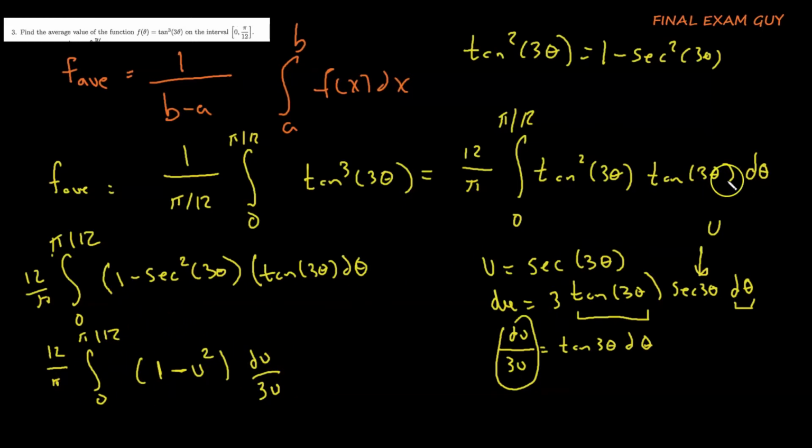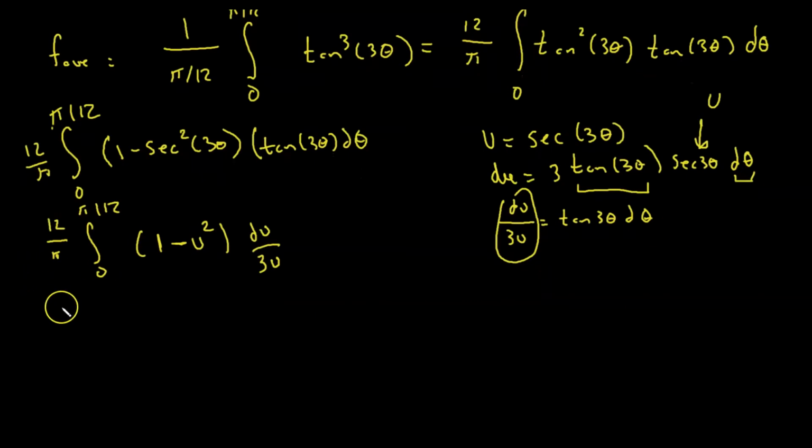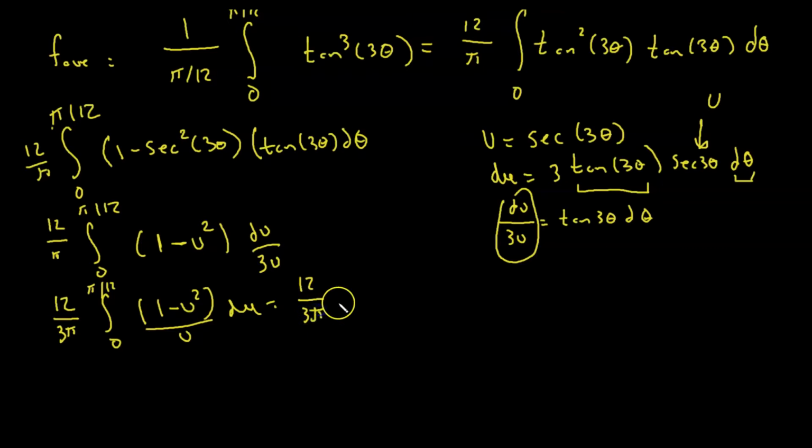Now if I bring this 3 out to the front to join 12 by pi, I get 12 by 3 pi, integral 0 to pi by 12, of u squared minus 1 over u du, and I can distribute this integral to each term.